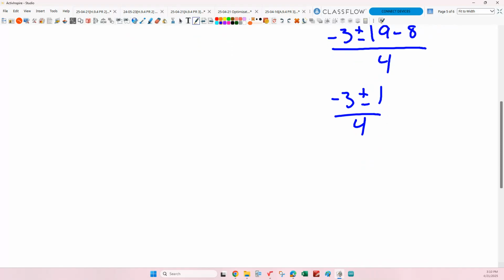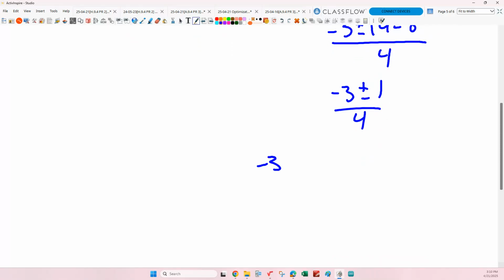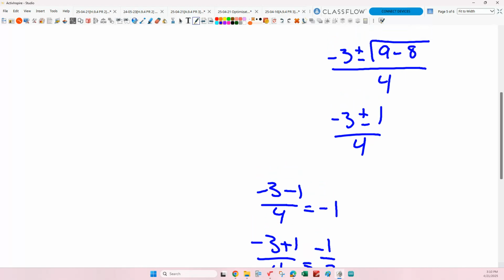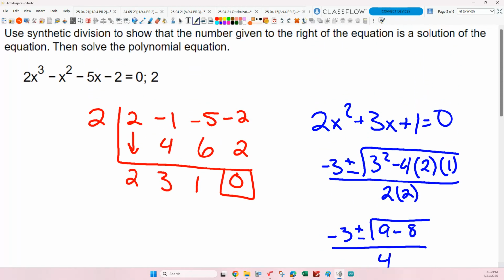Well, I can do negative 3 minus 1 over 4. What does that give me? Okay, what if I did negative 3 plus 1 over 4? Okay, so what are my zeros then? So we got negative 1, negative 1/2, and 2.